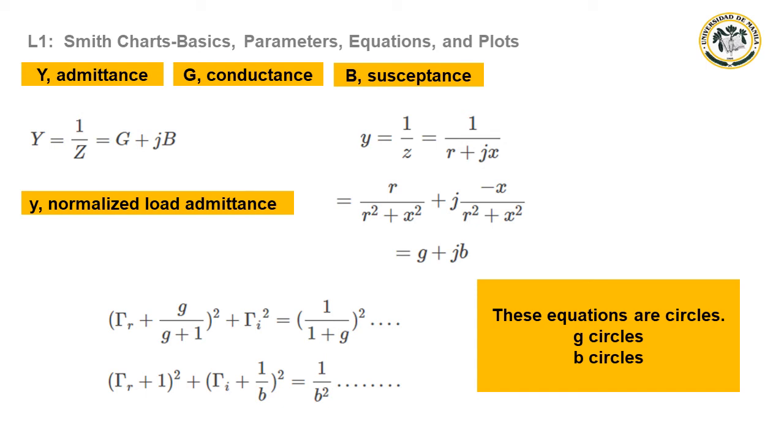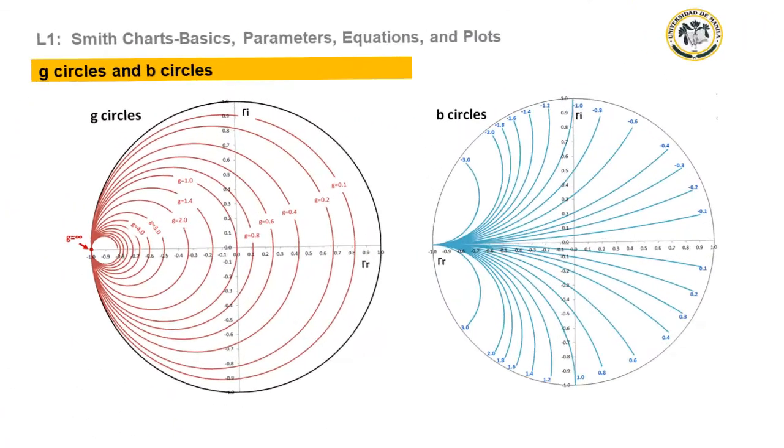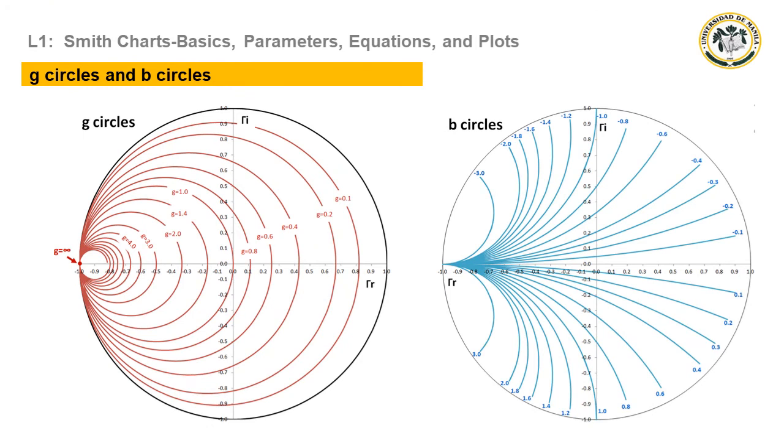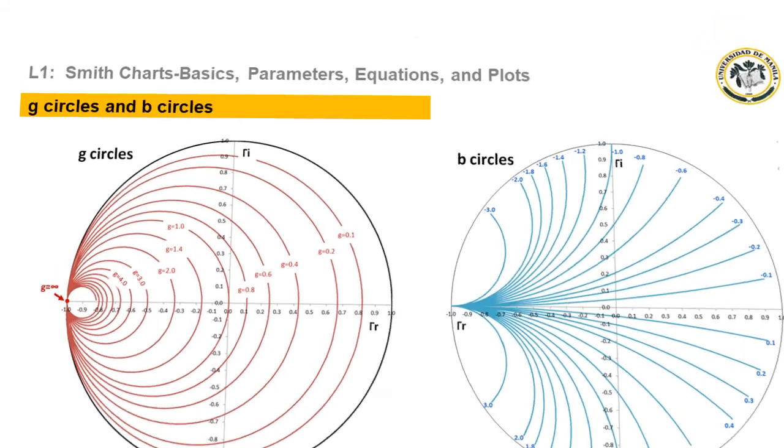With this, we will come up with two sets of circles, equations of circles. Those are the G circles and the B circles, illustrated in this particular slide. If we put together all four parameters circle plots, that's R, X, G, and B, then we will have a handy and workable Smith chart.